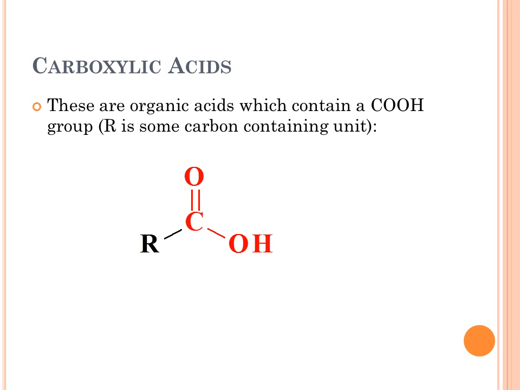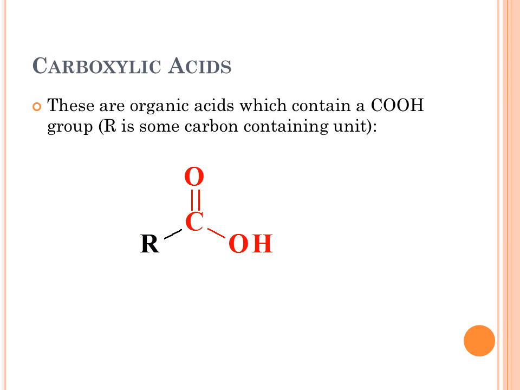Carboxylic acids are organic acids that end up being weak acids and will ionize, where R is some carbon-containing group, which makes it an organic molecule, and you have a C double bonded to an oxygen and then an OH. That H attached to the oxygen is the acidic one, and that's what's going to be ionizable.